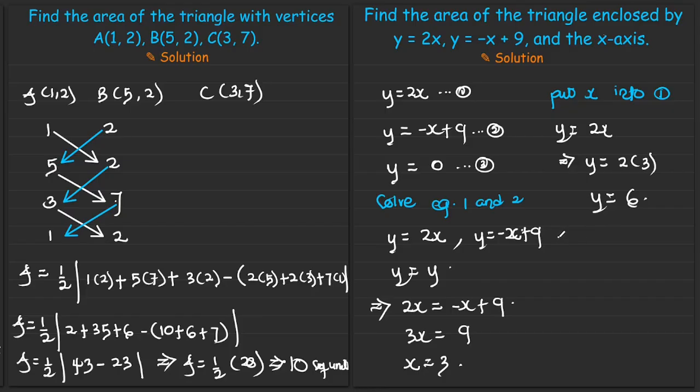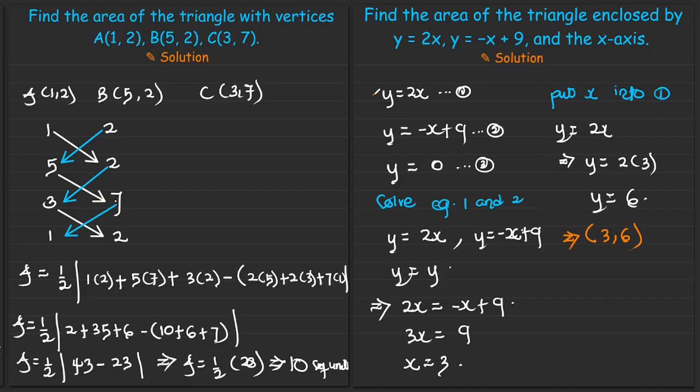So equation 1 and equation 2 have a point of intersection, and that point is (3, 6). So we do have where this and this meet.